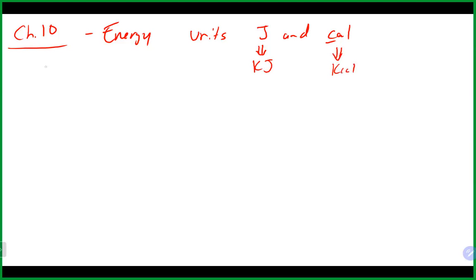In 1 kilojoule there are 1,000 joules, and in 1 kilocalorie there are also 1,000 of the little calories as well. The relationship between those two we also use: in 1 calorie there is 4.184 joules, right? And a good way to remember that is that's the specific heat of liquid water, right? So that's where that number comes from.